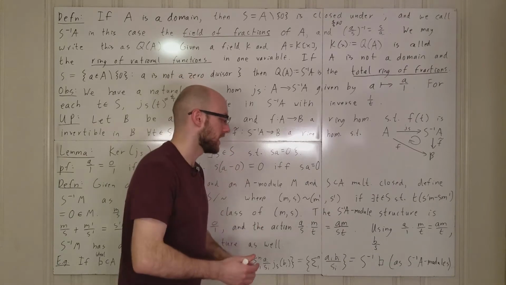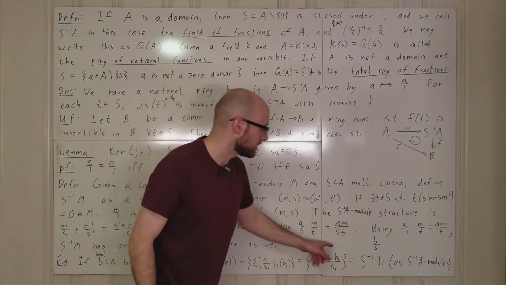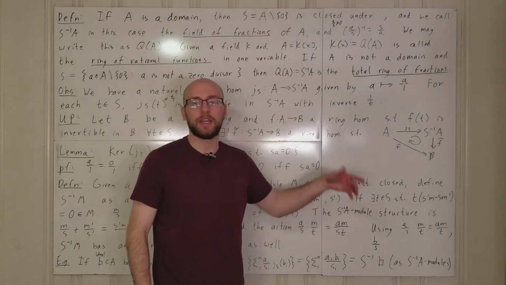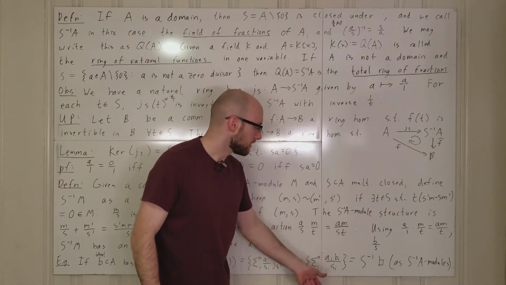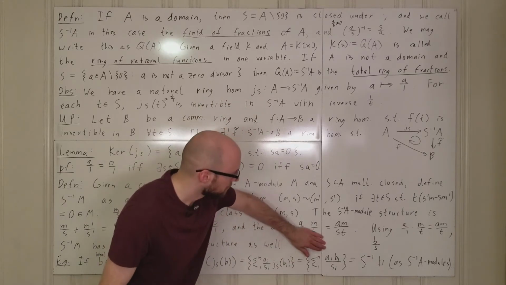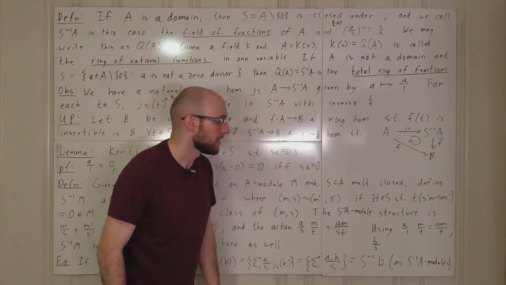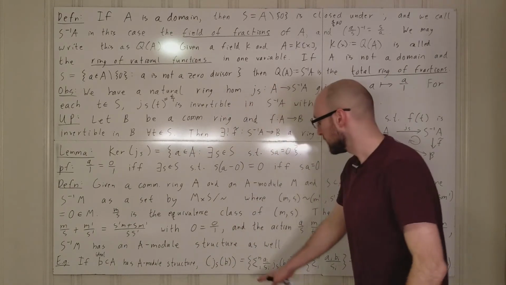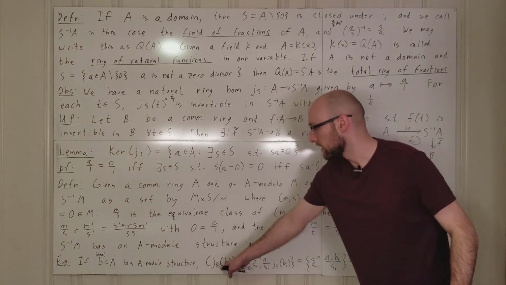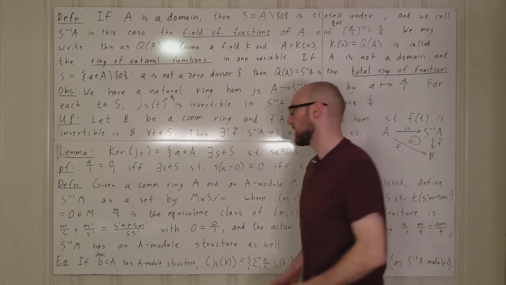And because B is an ideal, this will be a finite sum of elements in B, and so this will be in B, and so this will be an element in S inverse B, and so these two are equal.